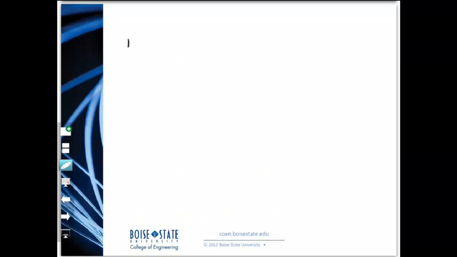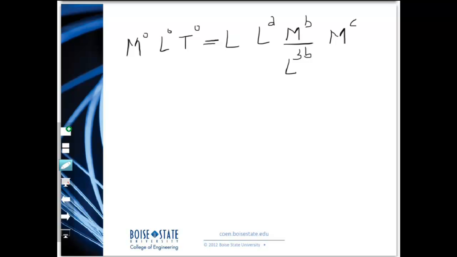Okay, so I can write M power 0, L power 0, T power 0 for my pi 1, and L for delta, L power A for my L, and for my rho it would be M power B, L power minus 3B, and for my viscosity it would be M power C over L power C, T power C. Okay, and for both sides of the equation to be true, the powers of M should be the same.